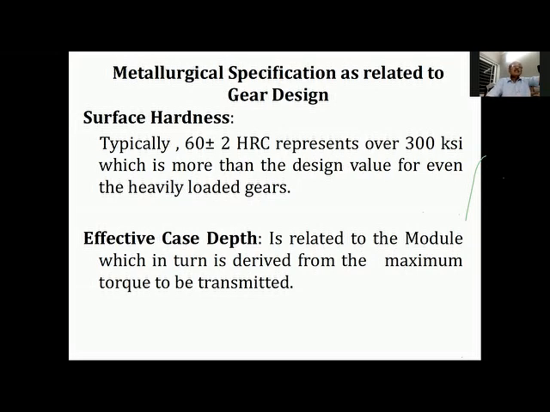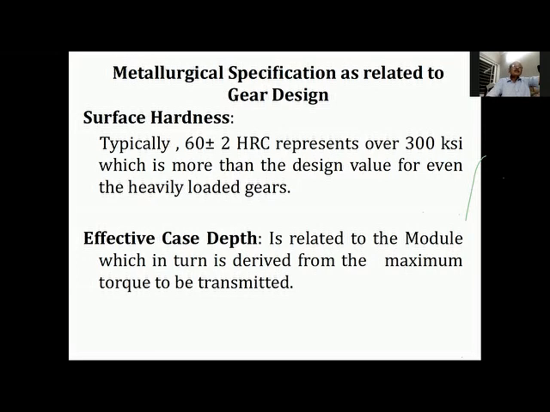Typically 60 plus or minus 2 HRC is specified, and it represents a strength which is more than 300 KSI, which exceeds the requirements of the design for even the most heavily loaded gears.